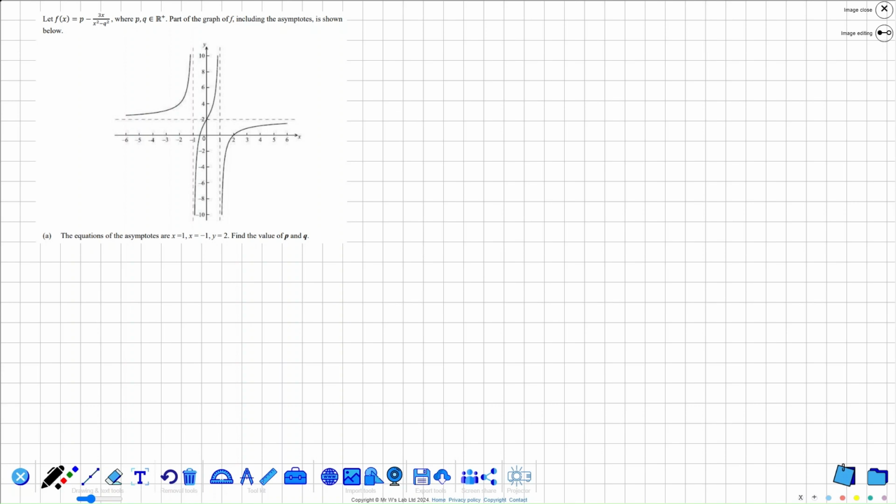And so what we can do is reverse the equation a little bit to have a look at a few different values. First I'm going to look at the vertical asymptotes, and we know vertical asymptotes occur when the denominator equals 0.